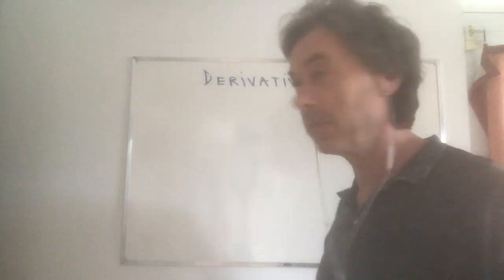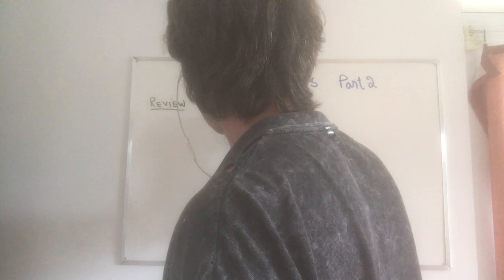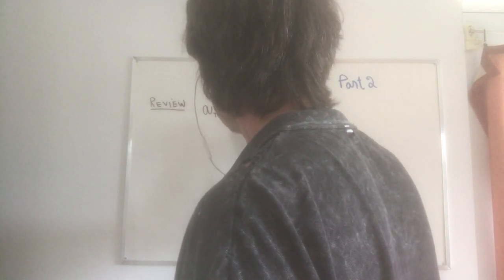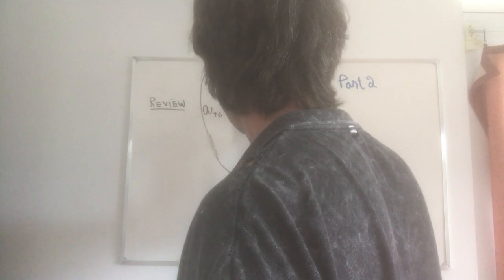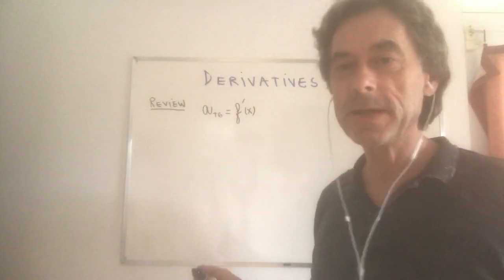Let's review our main finding, what we did in the first video on derivatives. We actually came up with a very powerful formula: the slope of the tangent line, which we denote as f prime. Those actually are known as what?